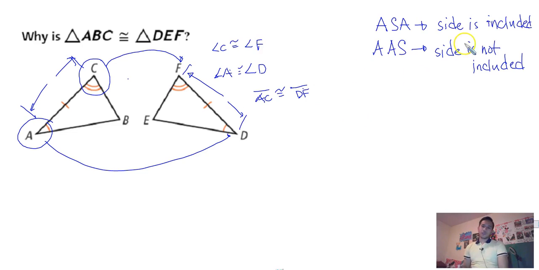The difference between these two is whether the side is in between the two angles that are congruent. In our example here, angle A and angle C share a common side.